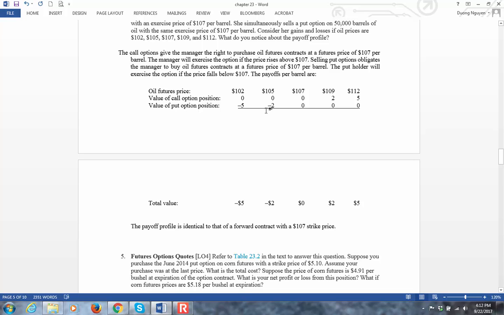This is the put, the selling of the put. The manager doesn't go long; the manager goes short, selling the put option.